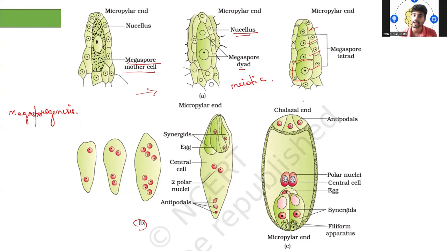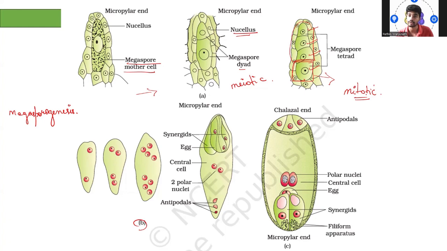As I told you, of these four only one will be the functional megaspore, and the other three will degenerate. The functional one has only one nucleus. Does it undergo meiotic or mitotic division? Here you will see the mitotic division.